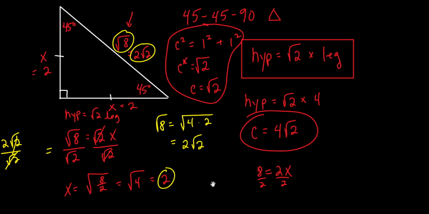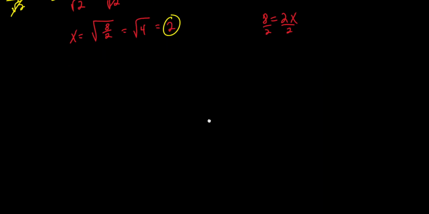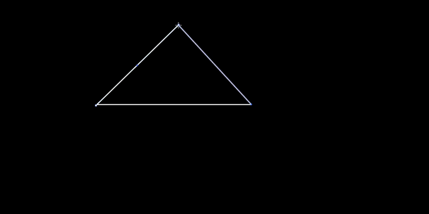Let's do an example from the book. It's kind of what we just did, but I make the triangle look just a little bit different. So let's go here. All right, so this is a right triangle.